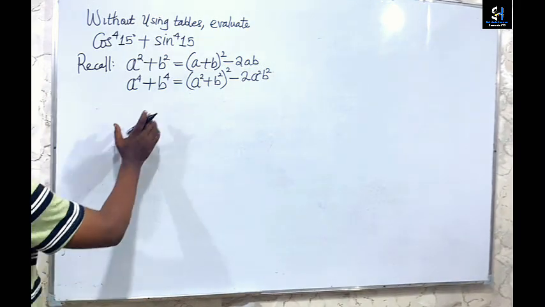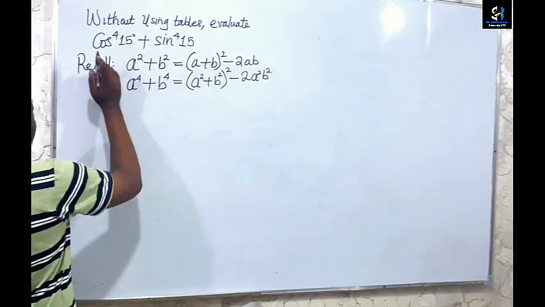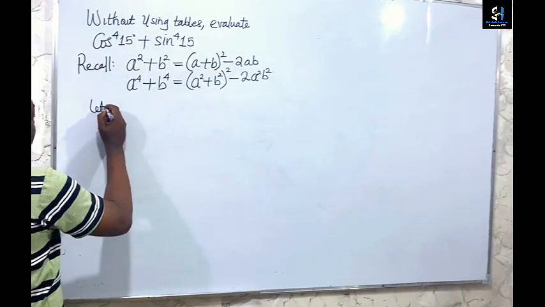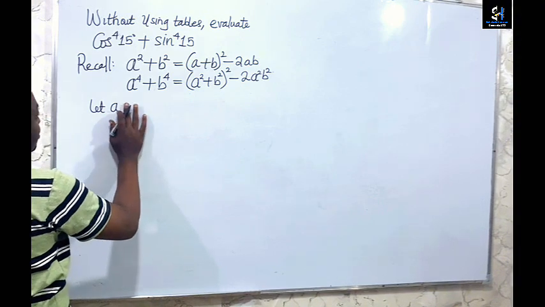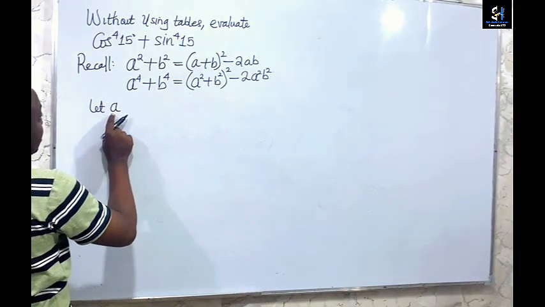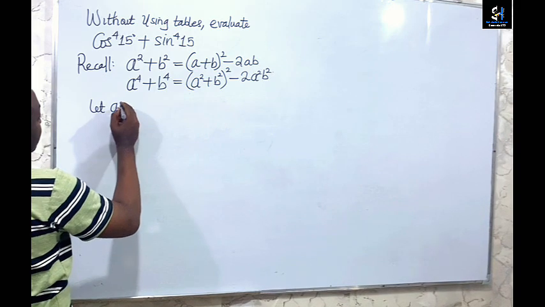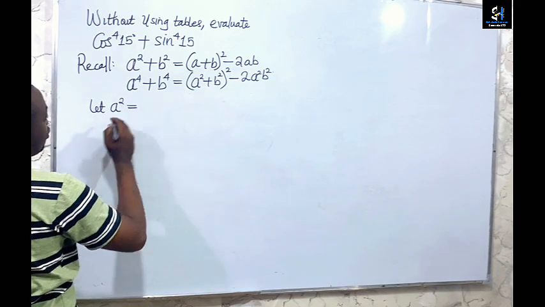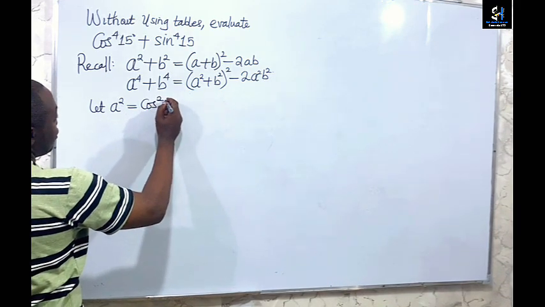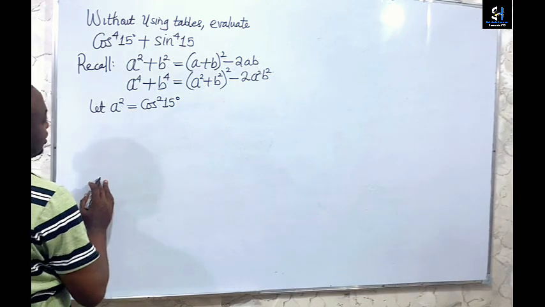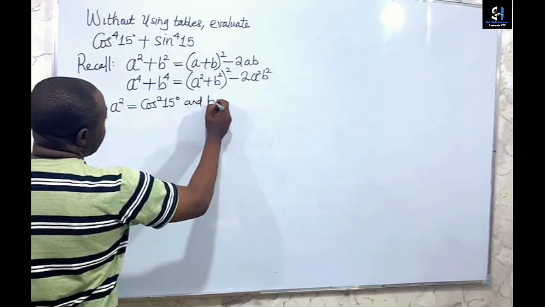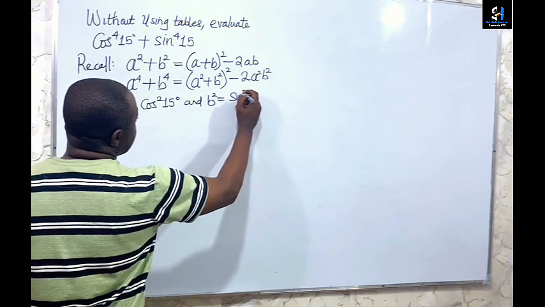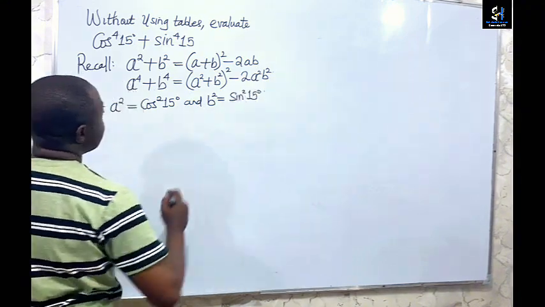So from the question we're given, let a raised to the power of 2 equal cos squared 15 degrees, and b raised to the power of 2 be equal to sine squared 15 degrees.